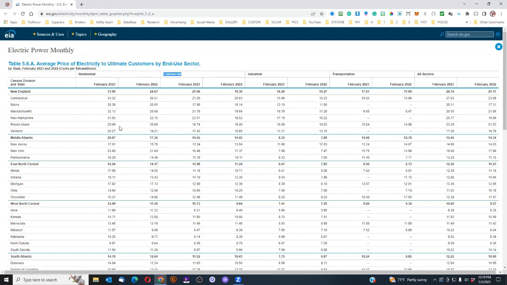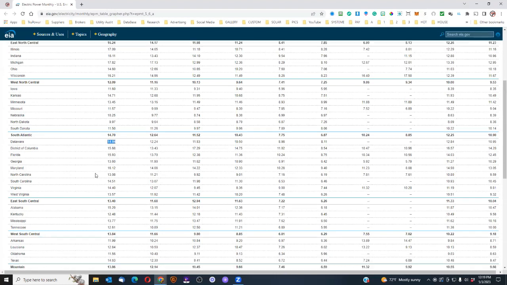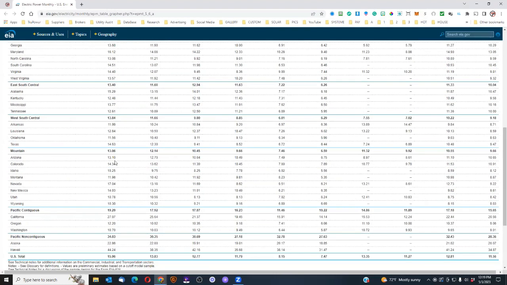And so if you're talking to somebody in New Jersey and it's residential, currently the average residential customer in New Jersey is paying cents per kWh. For people in Delaware, that's 14. Arizona is at 13.10.